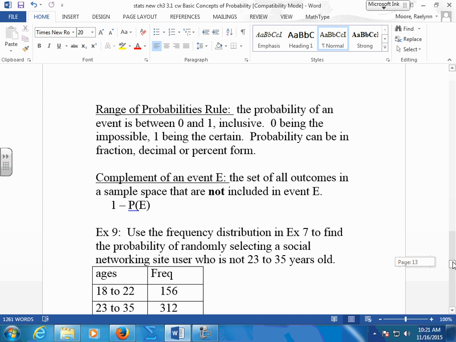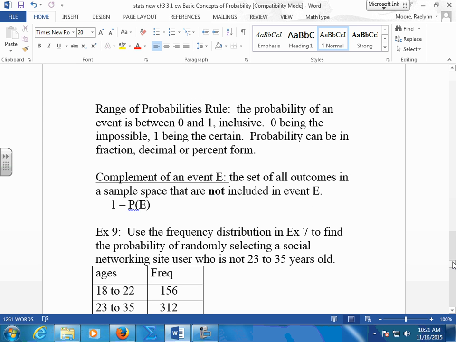Okay. And this is just to kind of review the rest of your probabilities. Your range of probability rule, your probabilities themselves go from 0 to 1, whether you're fractions, decimals, or percents from 0 to 100. There's no negative probabilities, ever. The sum of all your probabilities for an event equal to what?